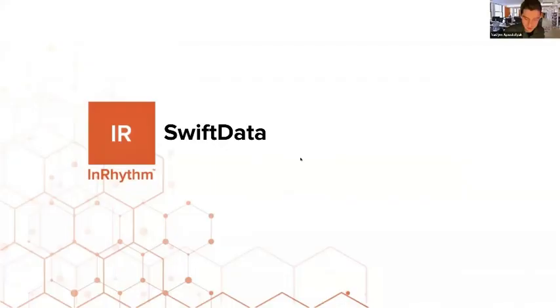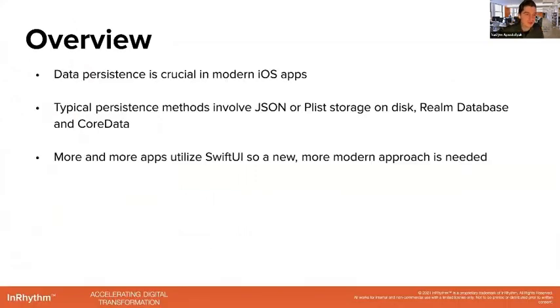Thank you, Parag. All right, so tonight we're going to talk about, as Parag mentioned, SwiftData. And the first thing I'm going to discuss is kind of an overview of data persistence in modern iOS apps in general. Modern iOS apps heavily rely on data persistence, and you can have all kinds of different levels of data persistence.